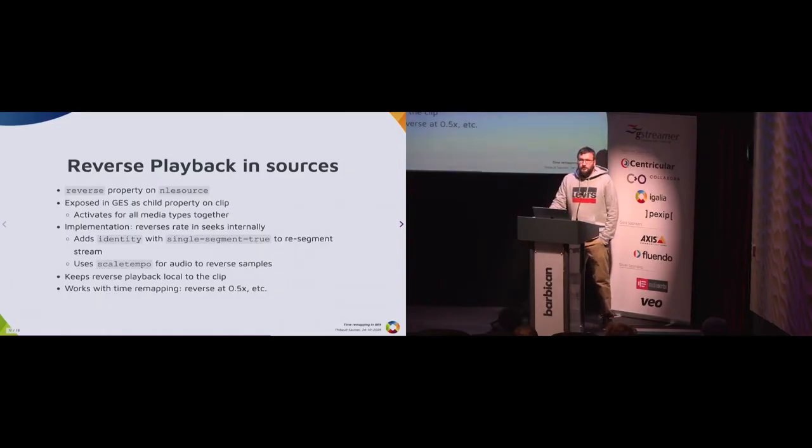For audio, we also needed to plug a scaletempo element that just reverses the samples. So that this keeps reverse playback local to the clip. The rest of the timeline doesn't actually know, and doesn't care, that this media has been reversed, right? And this way, it also works with time remapping, and so you can have reverse slow motion or things like that. And it works all fine.